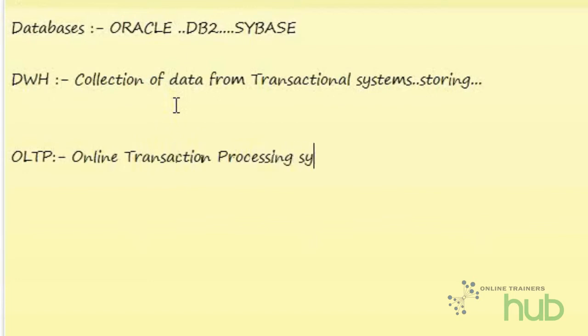We have various examples of online transaction processing systems. The best examples would be your ATM withdrawal system and e-commerce applications like Amazon and eBay, which are transaction-oriented applications.